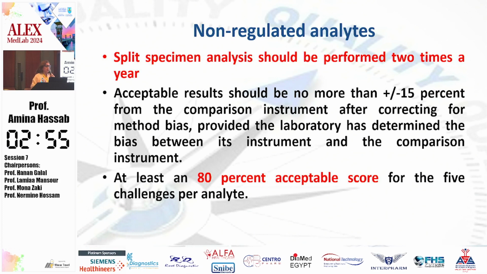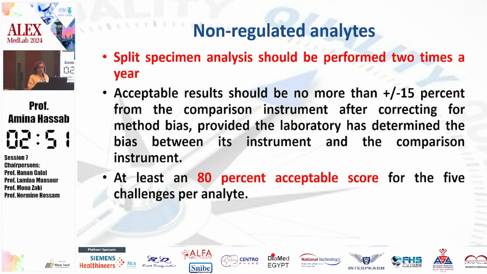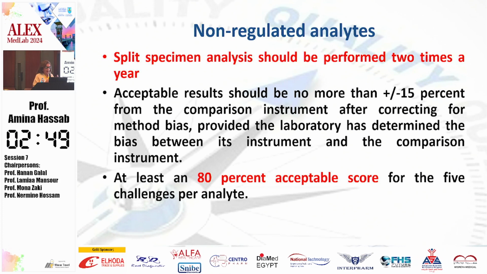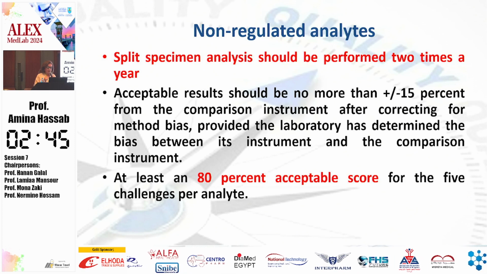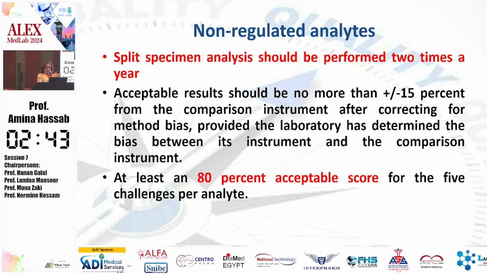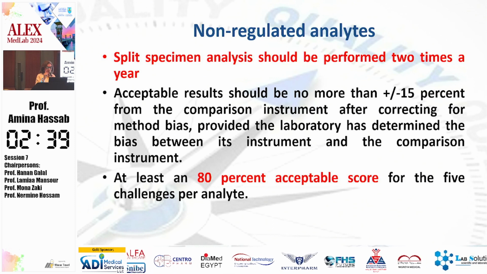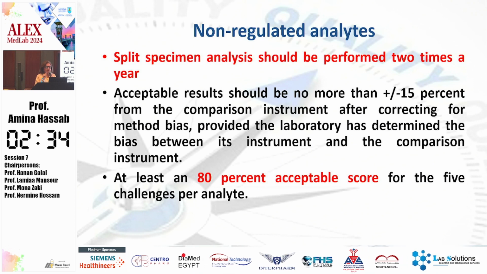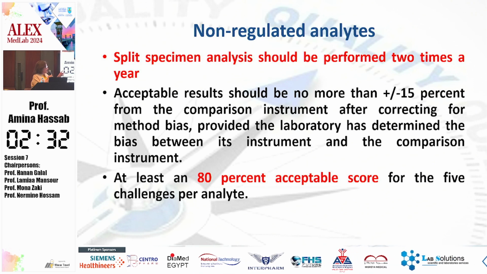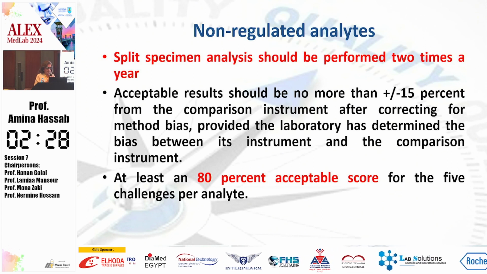Okay, if I want to do this alternative assessment for unregulated analytes, I have to realize a few things. We will do the split sample and send to the other lab, and the difference between the readings of lab A and B should not exceed 15% difference between the two machines after correcting for the bias factor.